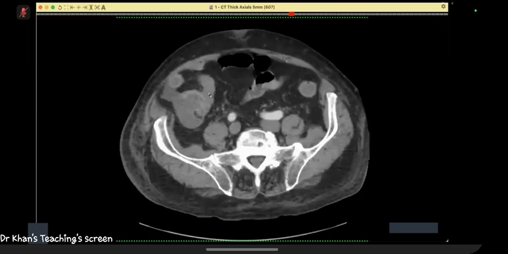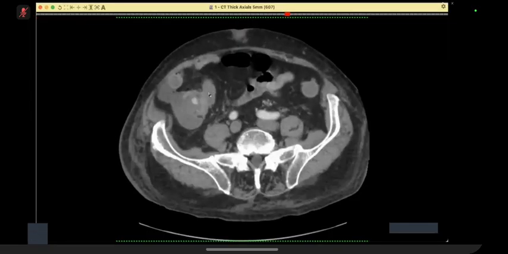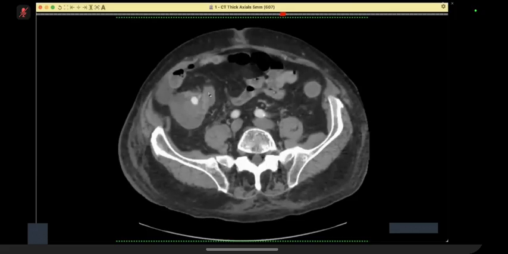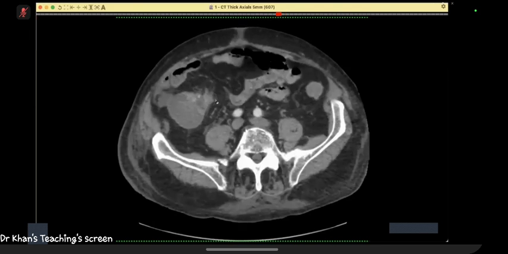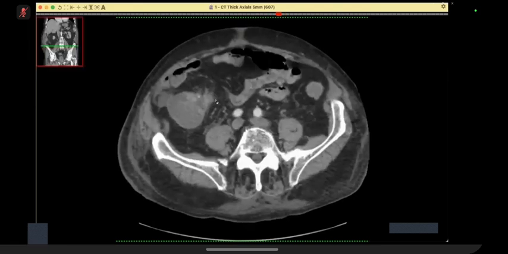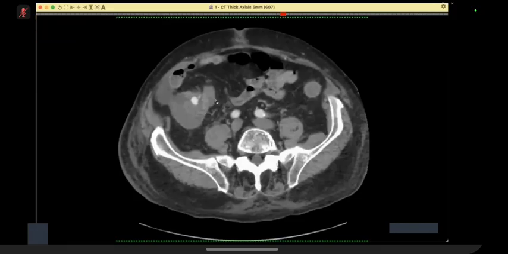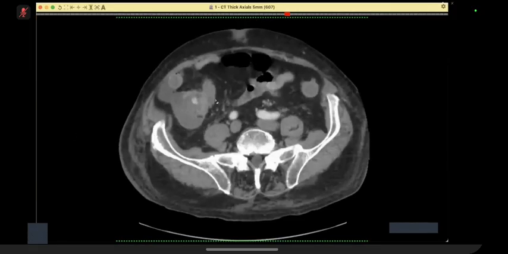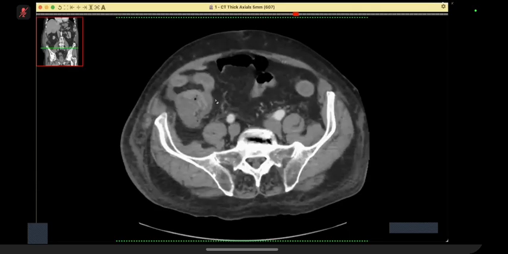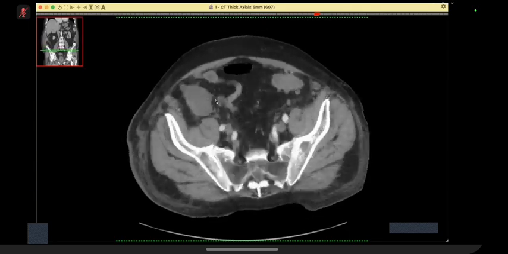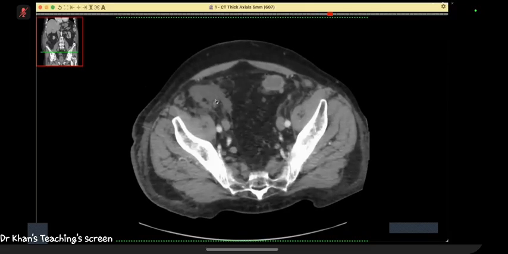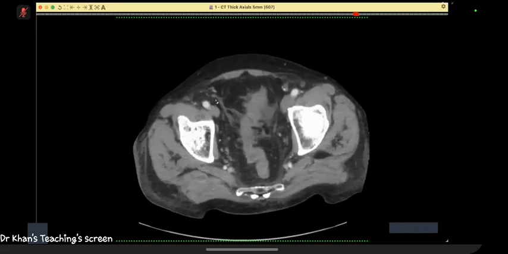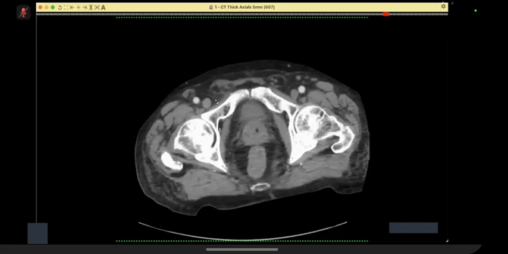I can see a small focus of blush of contrast in, I think this is the cecum, which is matching, the contrast enhancement is matching to the contrast of the arterial vessels. So this is highly suspicious of an arterial bleed. I would scroll through the images to see if there are any other foci of such enhancement. I do not see any other enhancement.